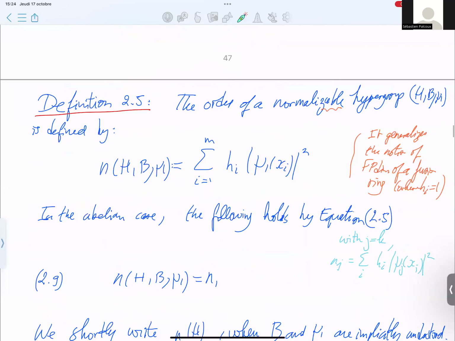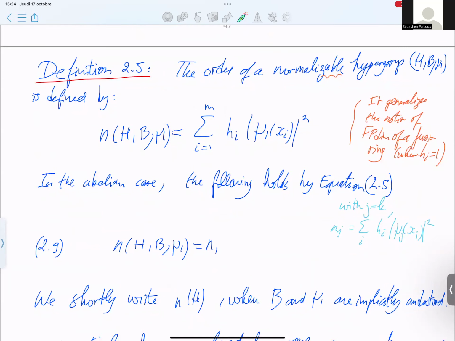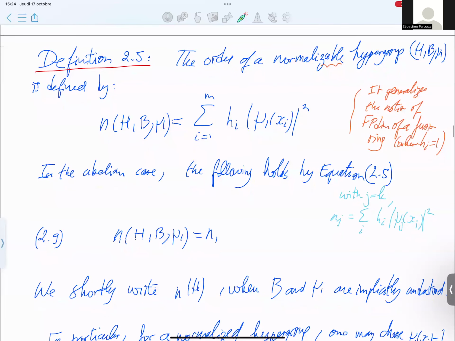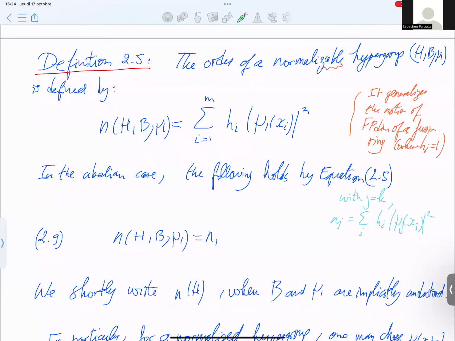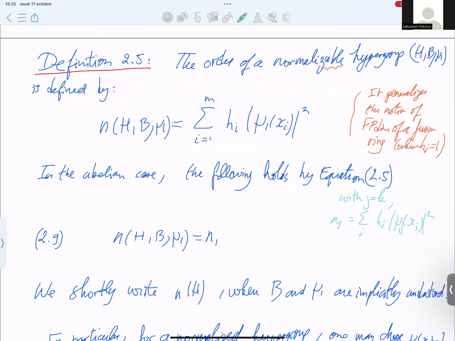Now, I will try to go as quickly as possible, otherwise it will take too much time for this review part. So, the order of a normalizable hypergroup. This notion generalizes the global Frobenius-Perron dimension of a fusion ring, or the order of a group. You just take the sum of the squares of the character degrees for a group, or the sum of the squares of the Frobenius-Perron dimensions of the basic elements for a fusion ring.